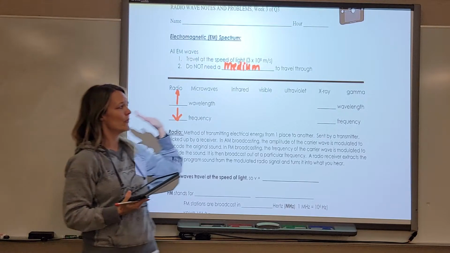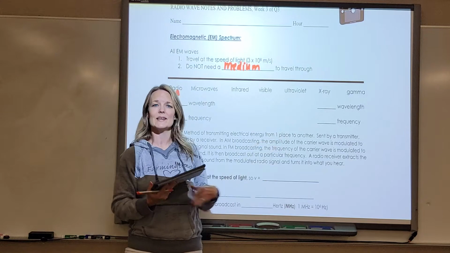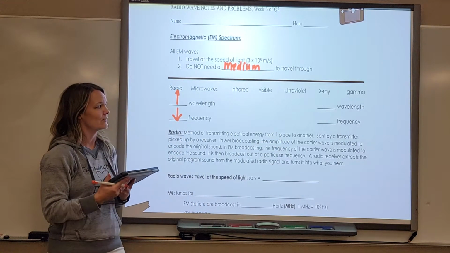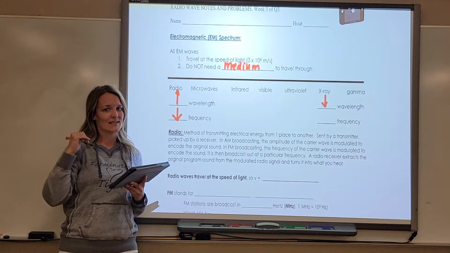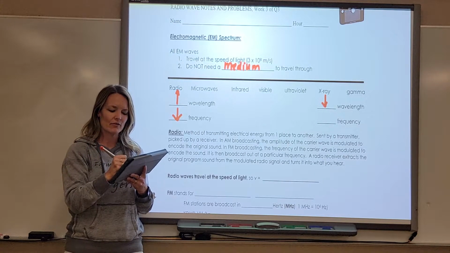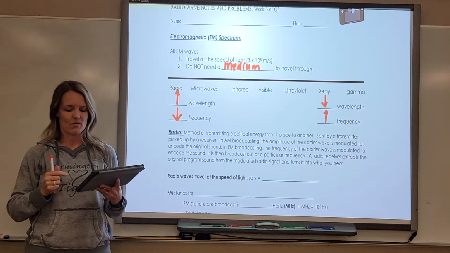If you move all the way to the other end of the spectrum, over in gamma rays, these are super high energy waves. They have a very short wavelength. They're tiny, tiny, tiny, which means they have a very high frequency. There is a lot of waves per second because each of them is so small.